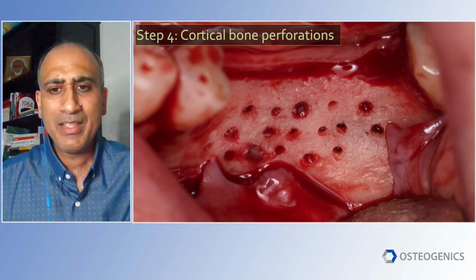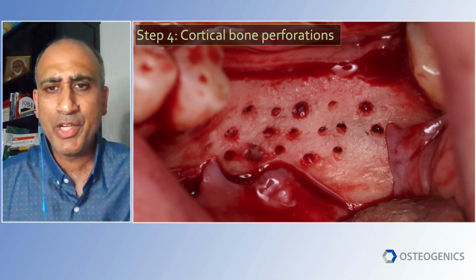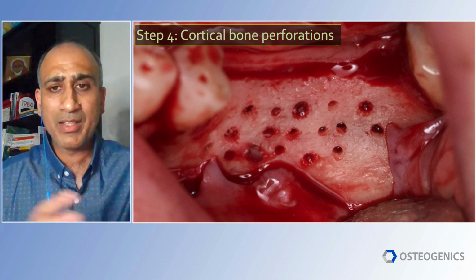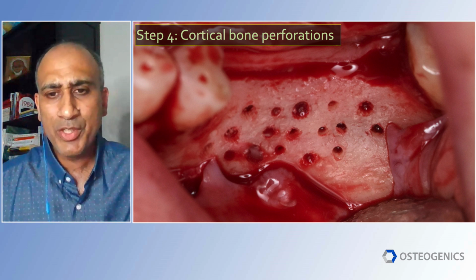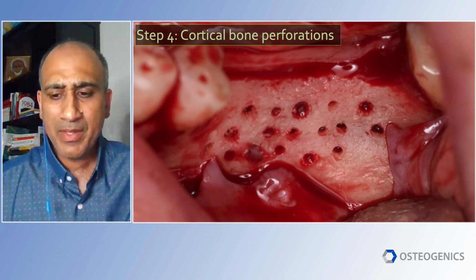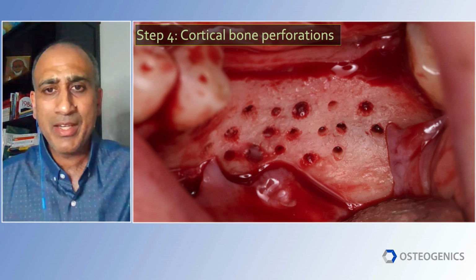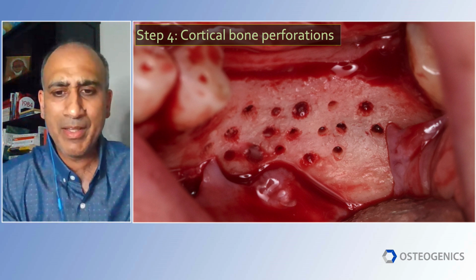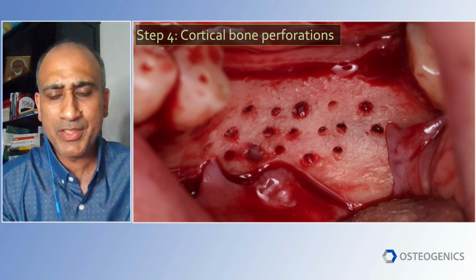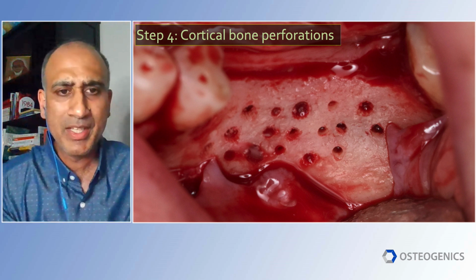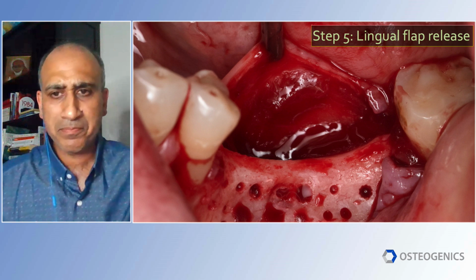And if anything, it gives you a nice source of undifferentiated cells that when they come into contact with the bone conglomerate that we're going to graft the ridge with, they will attach, they will differentiate into osteoblasts. So you'll get even more bone formation. So again, I do believe in the power of cortical bone perforations. You don't have to go crazy, but enough cortical perforations to get good bleeding points is sufficient.